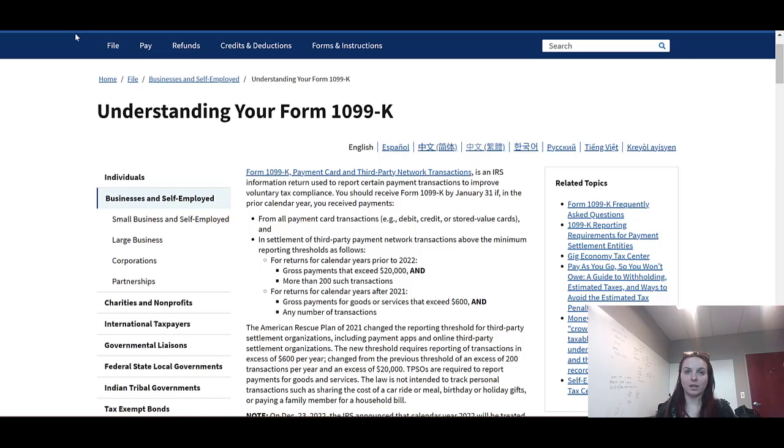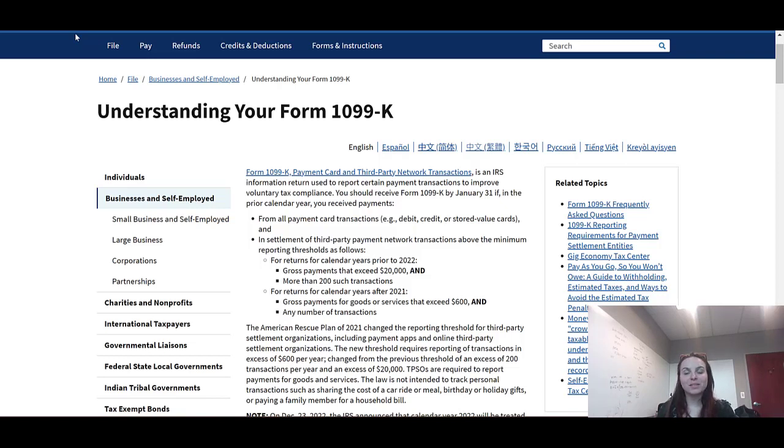1099 DIV is dividends. So a business that pays a shareholder dividends is going to issue a 1099 DIV. A C corporation is the business that is going to be issuing a 1099 DIV here. Generally we see this when we hold stock and that stock has issued dividends, we're going to receive a 1099 DIV.